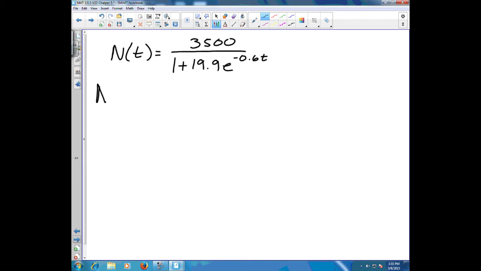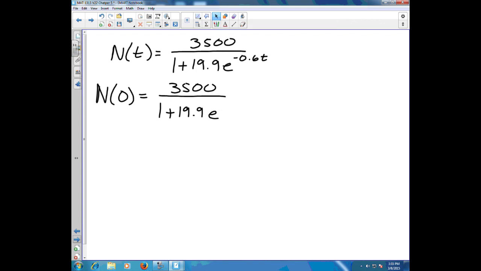So first we want the initial amount. How many people were sick to start off with? That means t equals 0. And so that's 3,500 over 1 plus 19.9 e to the minus 0.6 times 0.